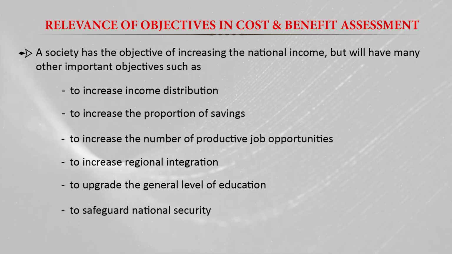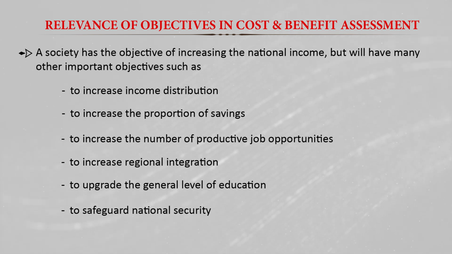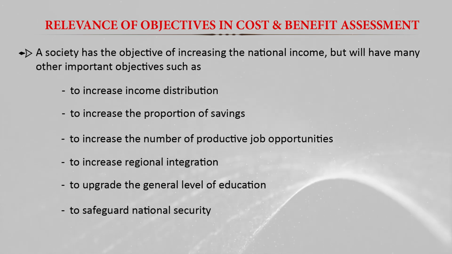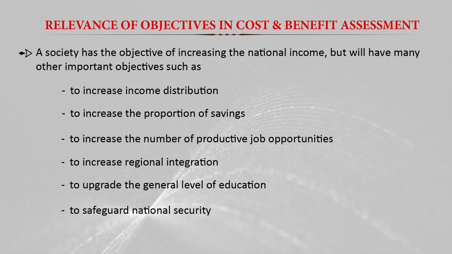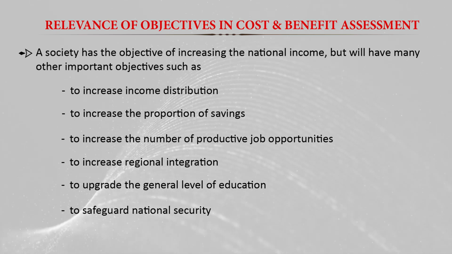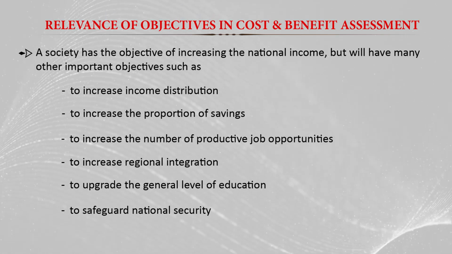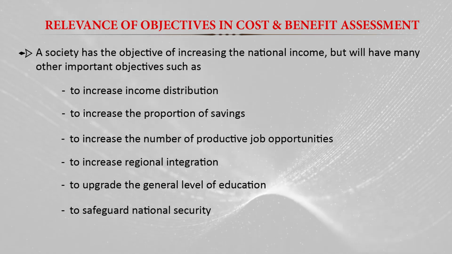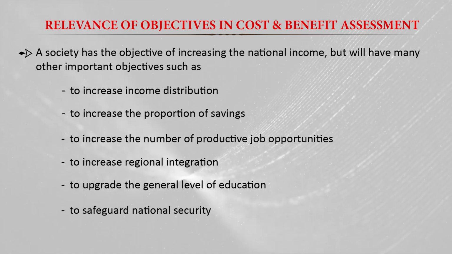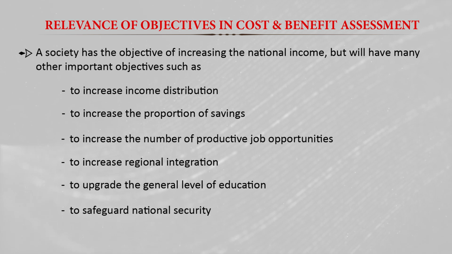Government wants to increase the net incremental income of the society, but they also have objectives like income distribution. The poor people should also get some income in the production activity, or sometimes the government focuses more on national security. Sometimes they invest more in regional integration to provide equal development opportunity to all parts of the country.